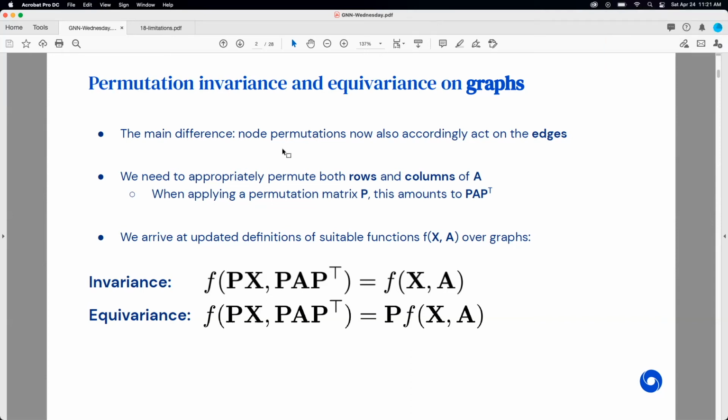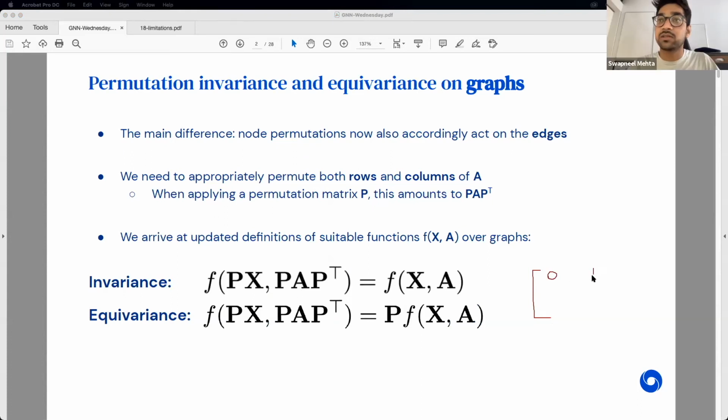Annotate, draw. Okay. If the adjacency matrix is symmetric, this means undirected by definition, right? Because this is node x1, x2, x1, x2.